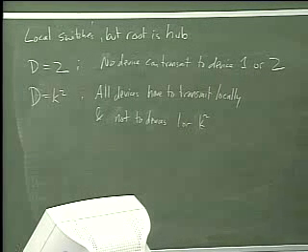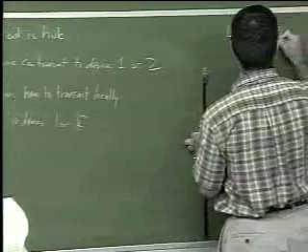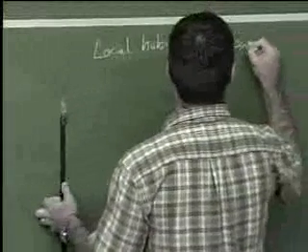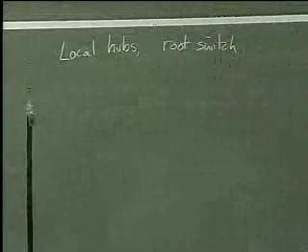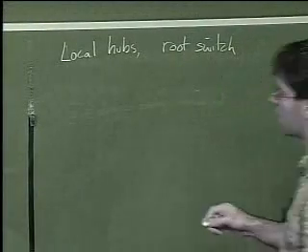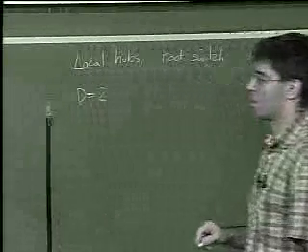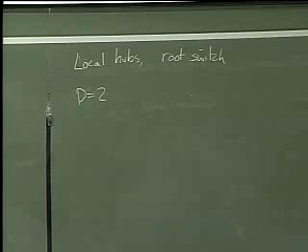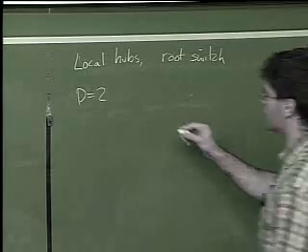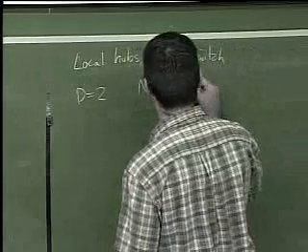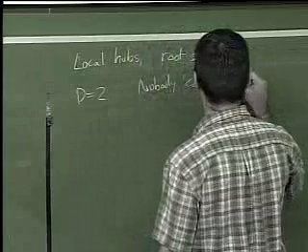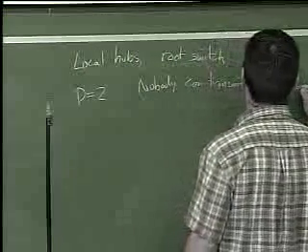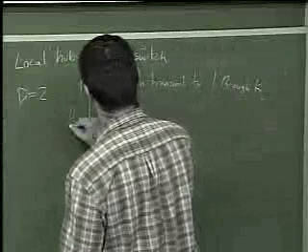And just real quick, local hubs, root switch. For D equals 2, nobody can transmit to 2 through K, and 2 through K cannot transmit.